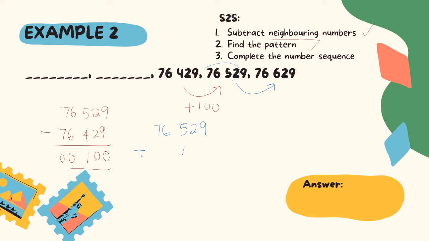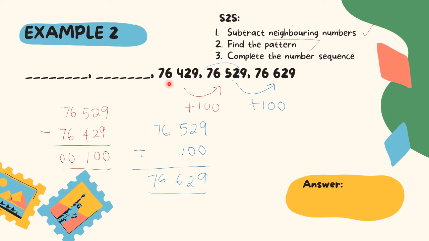What happens if we plus 100? So we have 9, 2, 6, 6, 7. So are the numbers the same? 76,629. Yes, they are the same. So we have found our pattern, which is plus 100.